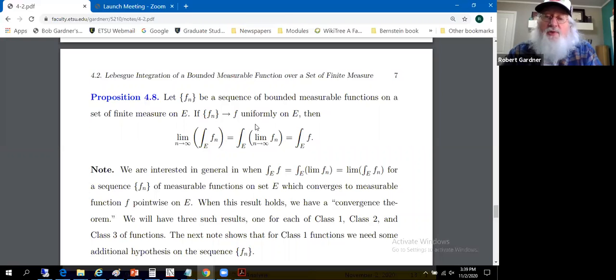If f sub n approaches f uniformly on E, so function f is a uniform limit of this sequence of functions throughout set E, then the limit of the integrals of the f sub n's is the integral of the limit, that is, the integral of the function f. So you can take limits in and out of integrals in the Lebesgue setting for class 1 functions when you have uniform convergence. We can do better than that, but we're starting there.